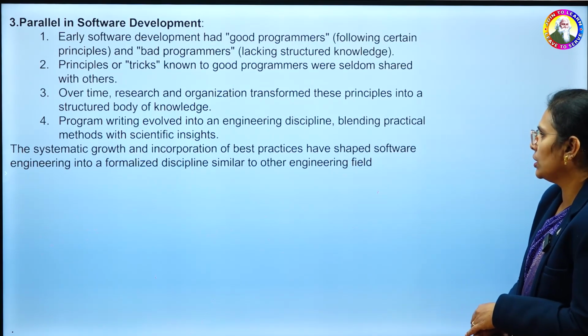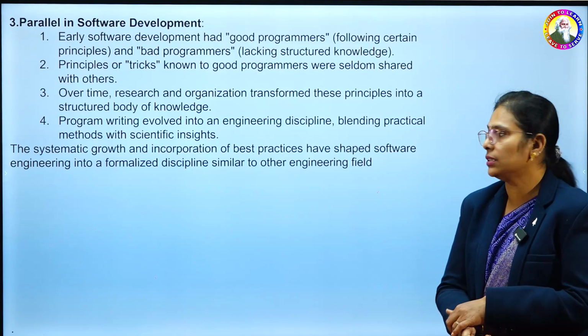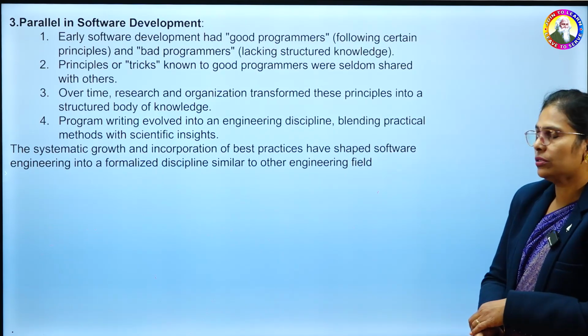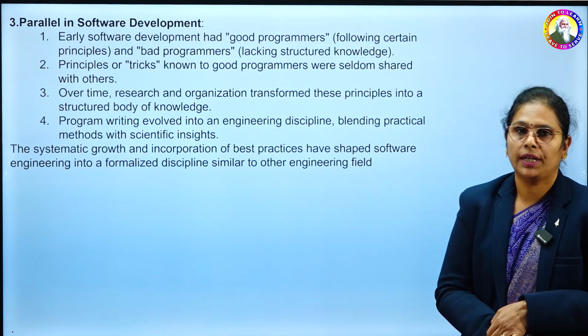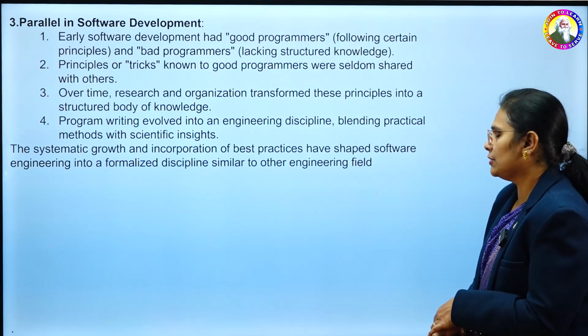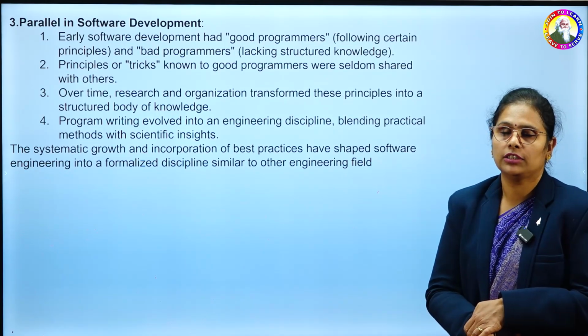The systematic growth and incorporation of best practices have shaped software engineering into a formalized discipline similar to others. So this systematic, pattern based approach made them develop best practices and shape software engineering into a formalized discipline, which makes sense.